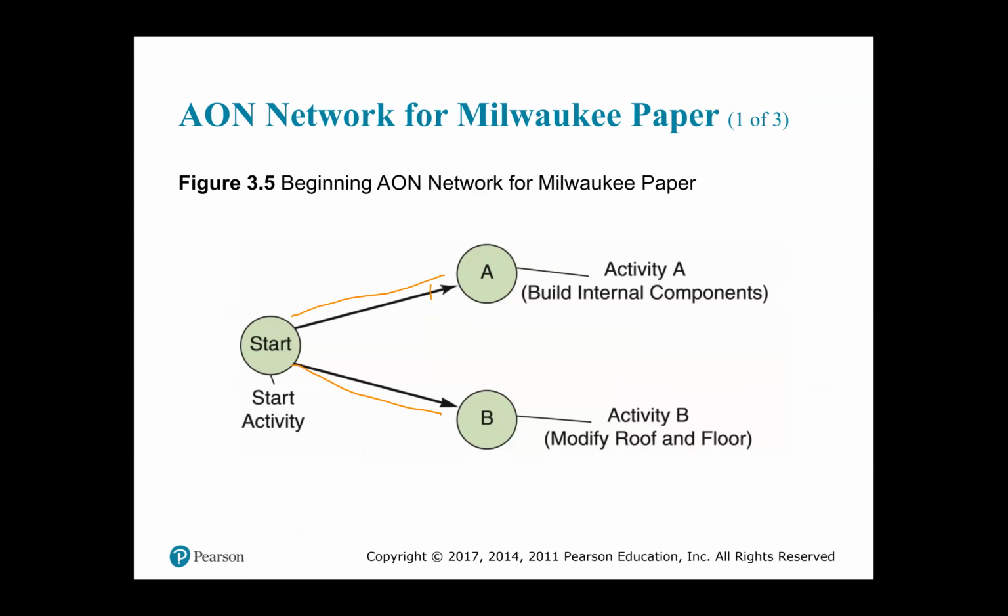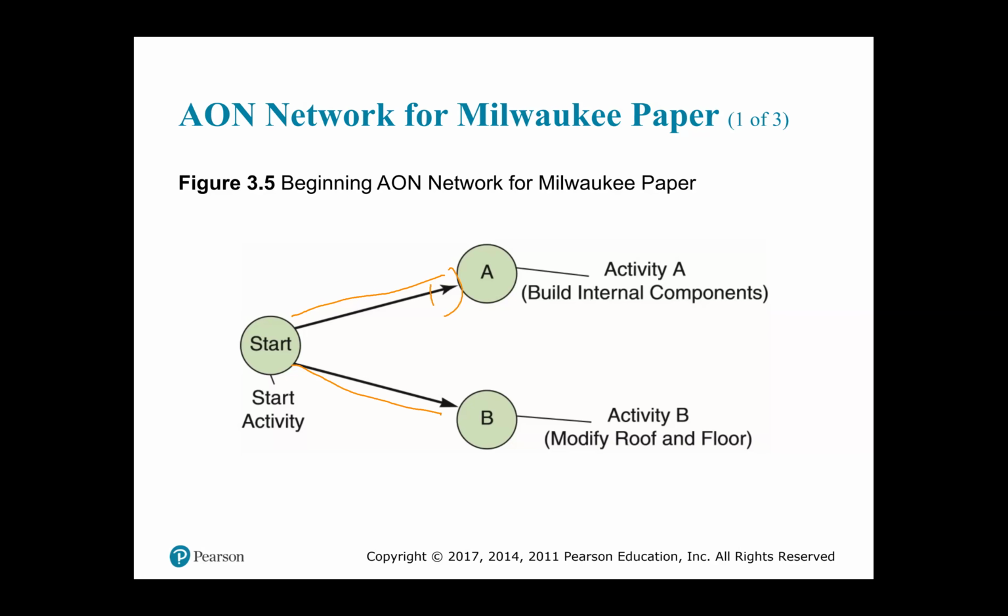And notice we have the head on the arrow to indicate the direction of the precedence relationship. So you're coming from start. You have activity A. So remember I said that when you draw the node, which in this case is a circle, the node says that the activity has begun and it has ended, right?